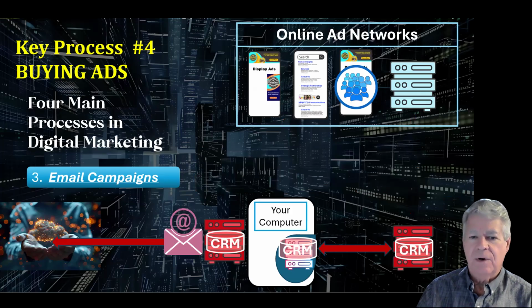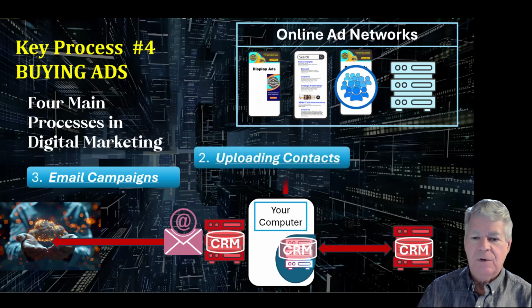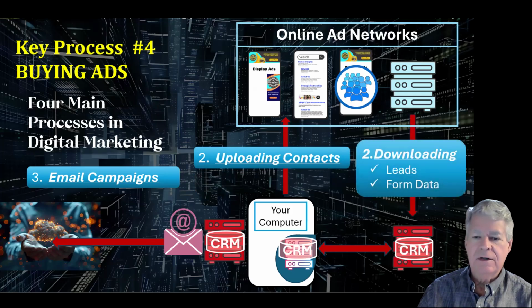So here are the four main processes in digital marketing one more time. Of course, there are many others, but these four are central to how you go about designing campaigns. Uploading contacts from your CRM to an ad platform like Facebook, LinkedIn, or Google Ads. Downloading leads from an online ad network.